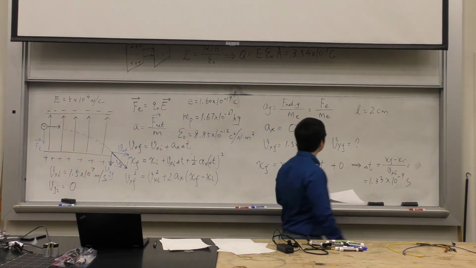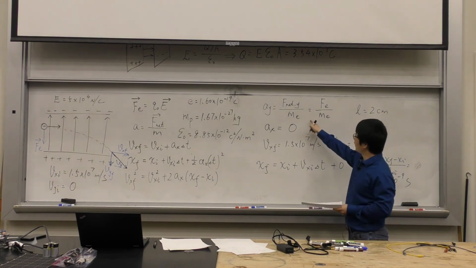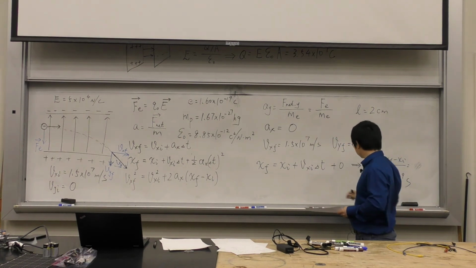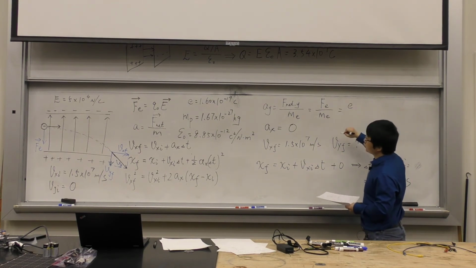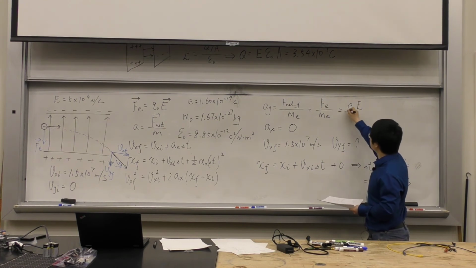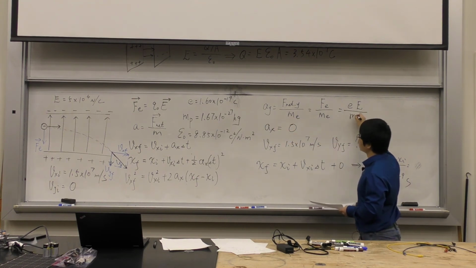Now you need to find the Vyf, but before that you need the acceleration in y direction. This number is going to be the electric field times the charge of an electron, and everything positive because I'm calculating the magnitude, divided by the mass of the electron.